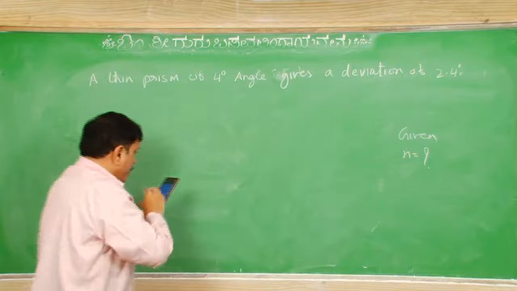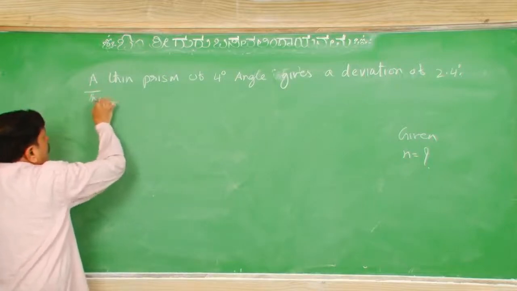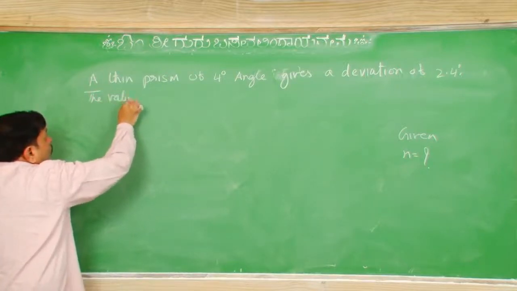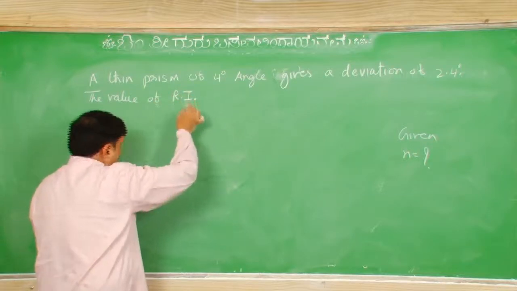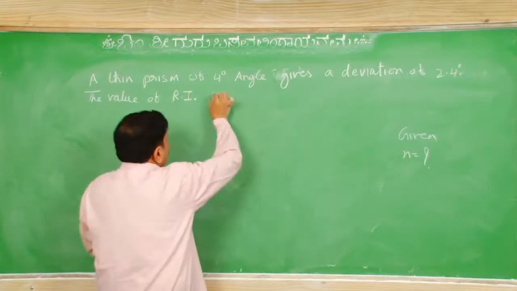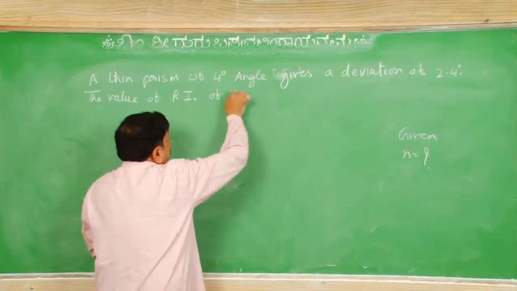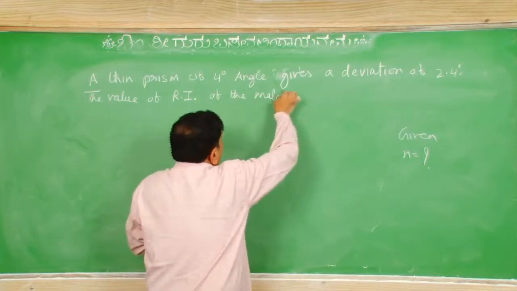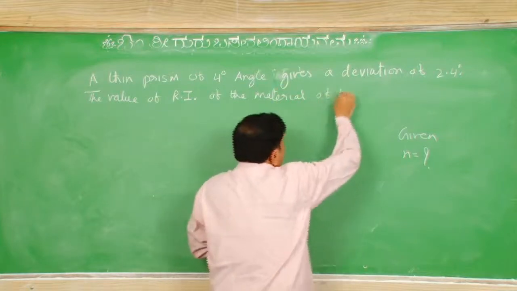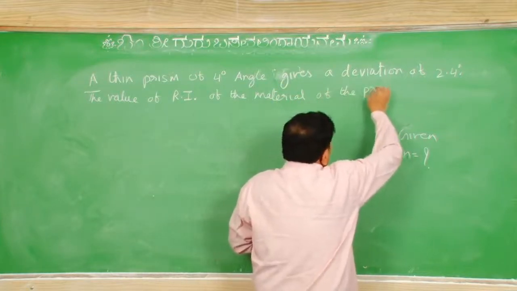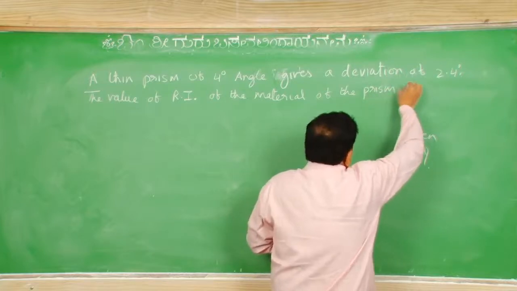The value of refractive index of the material of the prism is?